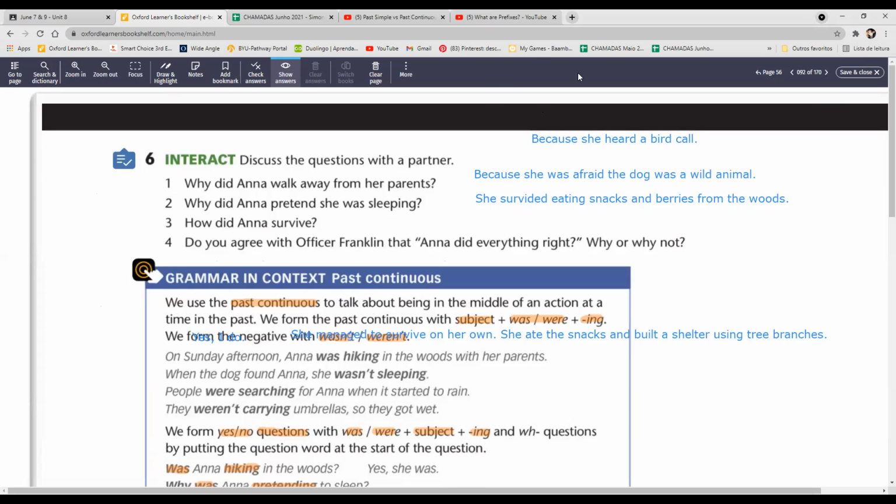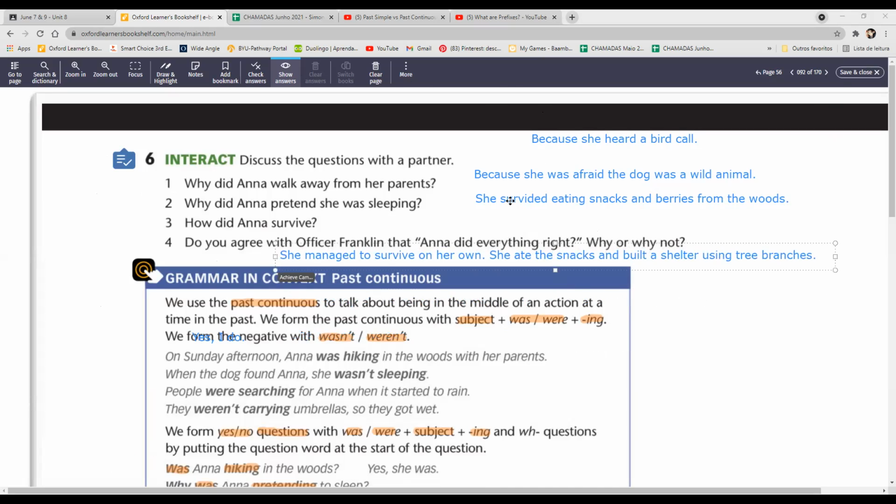So let's eliminate. Can I clear the annotations? Did you get everything? Look. Here, if you want, we can also include the information.